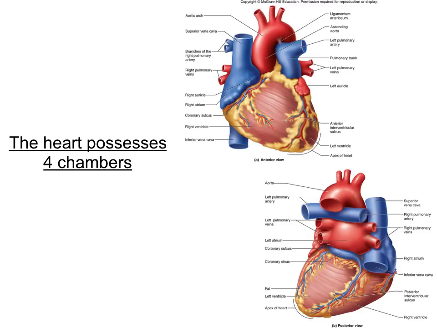To make this determination, you want to look for 2 sulci that are extending down from base towards apex. One sulcus is called the anterior interventricular sulcus. So this is a groove running along the anterior surface of the heart. The other is the posterior interventricular sulcus. So it's running down the posterior surface of the heart.